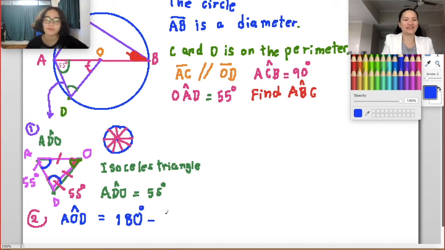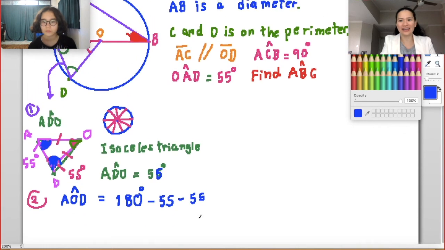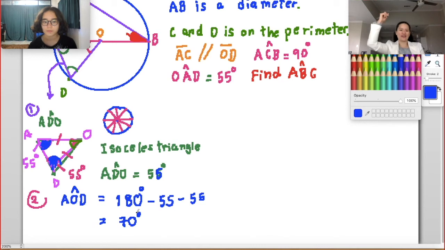Yes, minus. It's minus 55. Again, please, minus 55. It's here. And you minus what? 55. So what is the answer, please? 70. 70. Very good, Layla's good job.